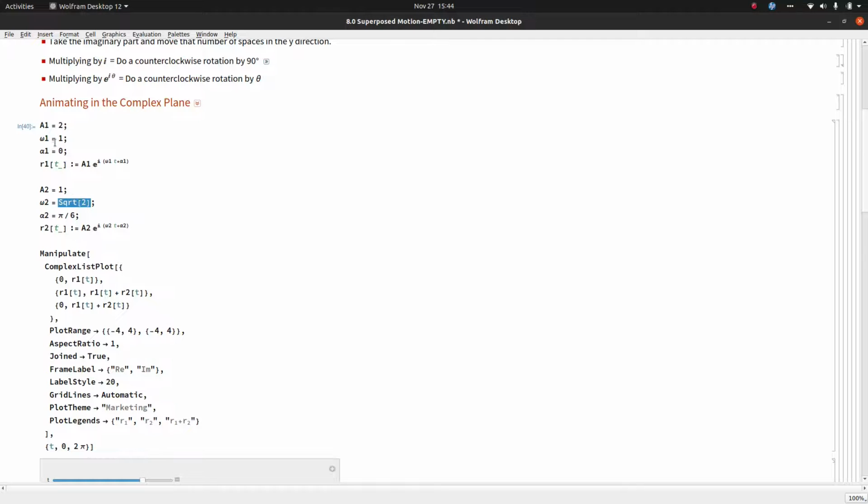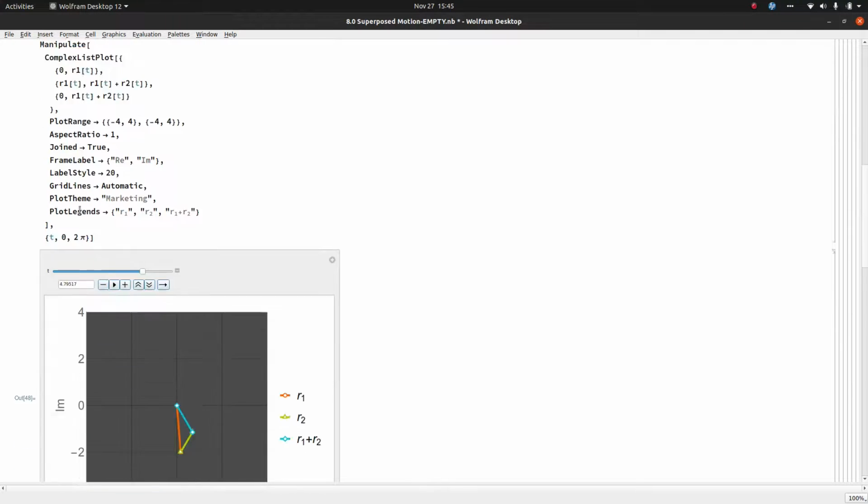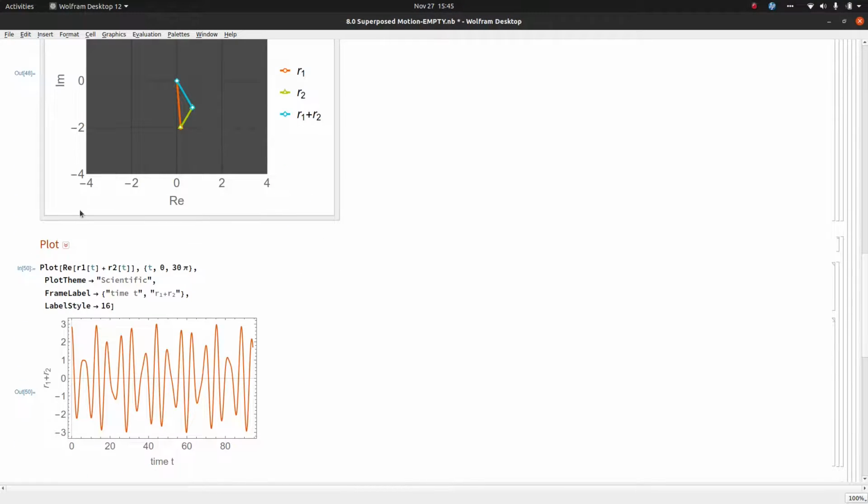But you need omega 1 and omega 2 to differ by integer multiples relative to some standard frequency. If the ratio of the two frequencies is an irrational number, you will not get periodic motion anymore.